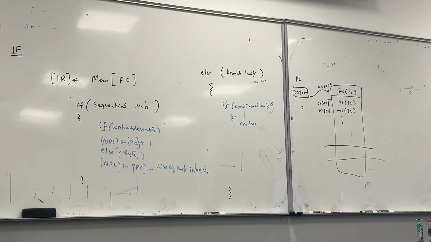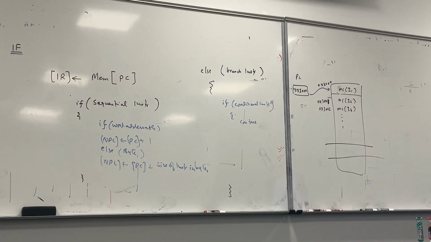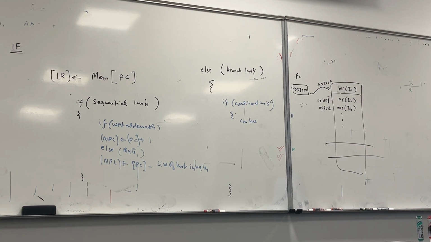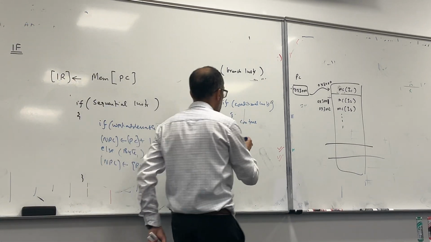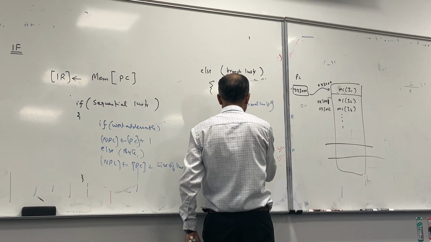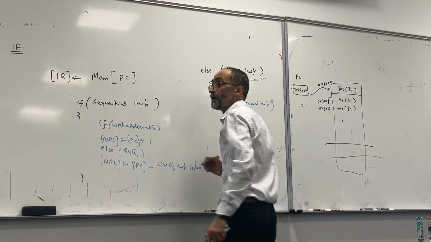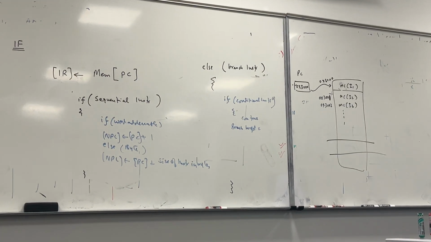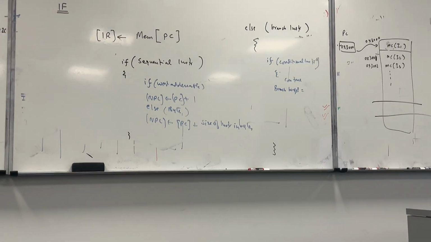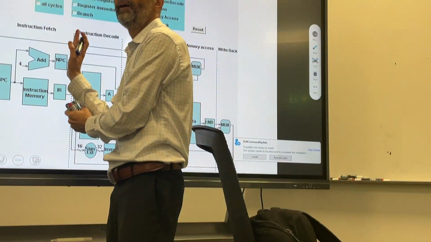And what is that target? Please remember, the target is coming from which stage? The memory stage. So the condition is true, so now the branch target. And please remember, here it is what? NPC1 or NPC2? Help me.